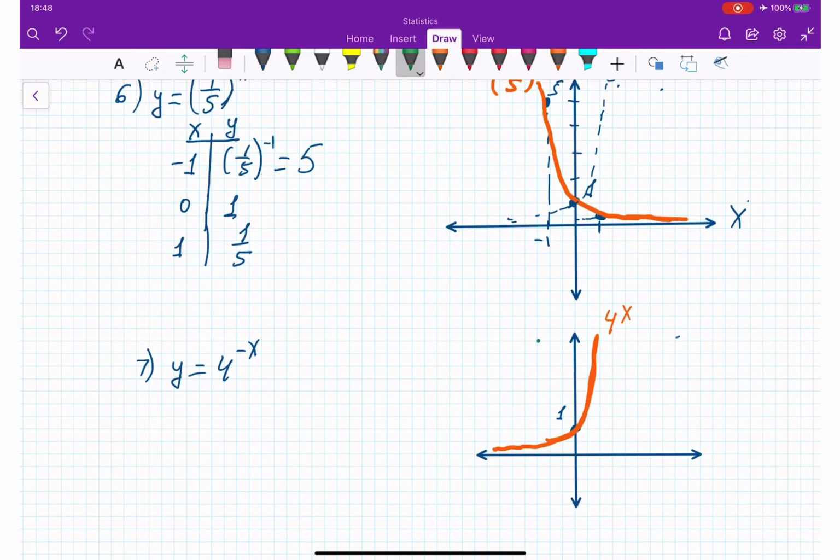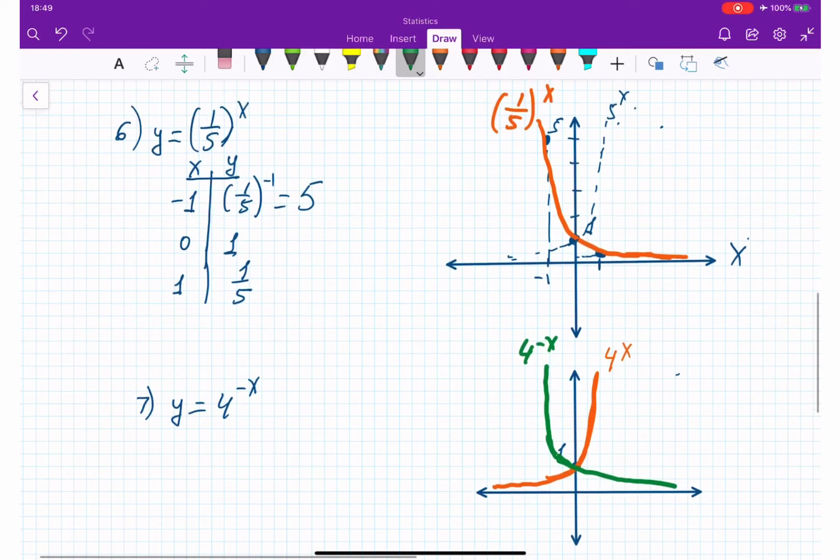So you flip it. Okay. Well, let's say it's a little bit like this. So this will be 4 to power negative x.